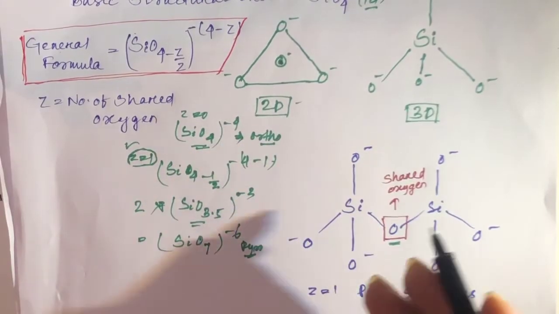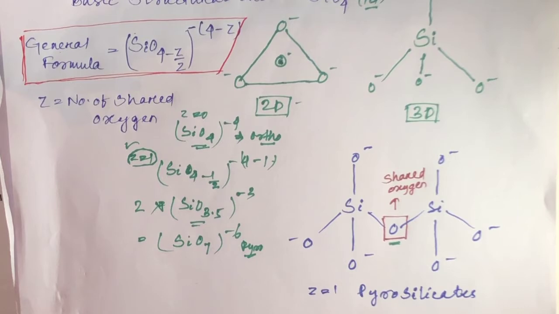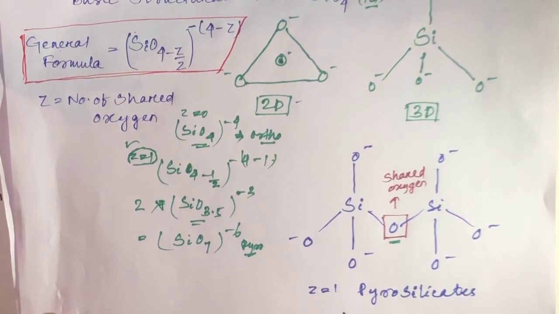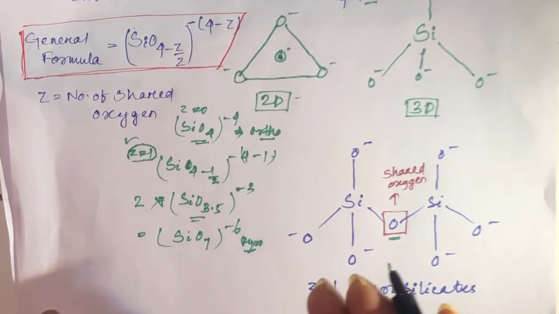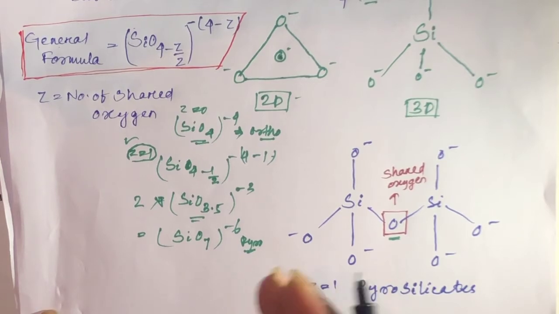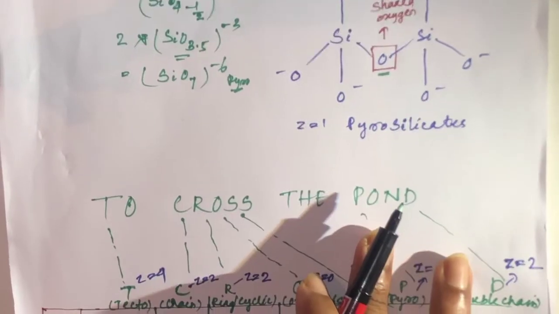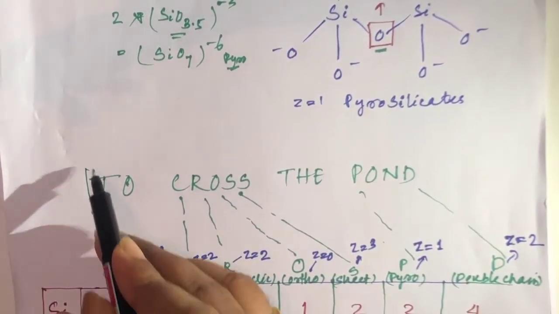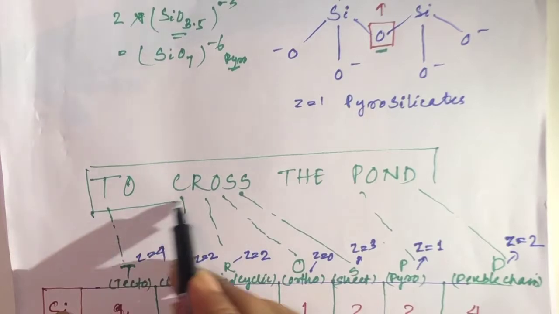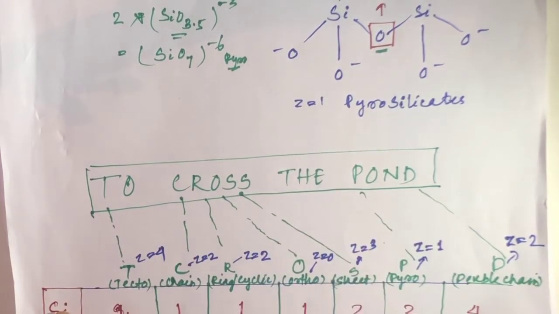There are orthosilicates, pyrosilicates, chain silicates, sheet silicates, and other types of silicates. I have a trick for you to remember all these types. All you need to do is remember this sentence: "To cross the pond."